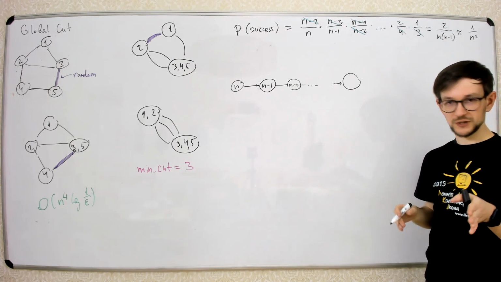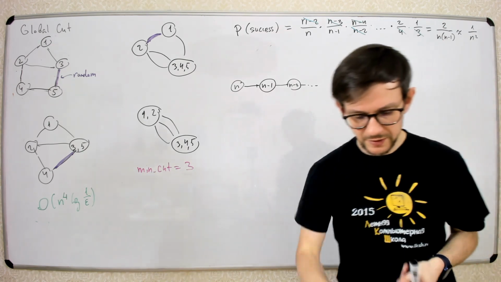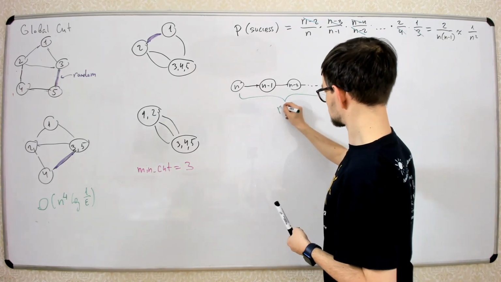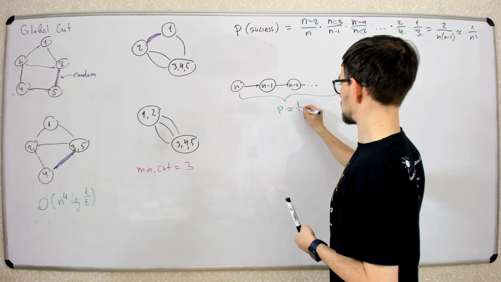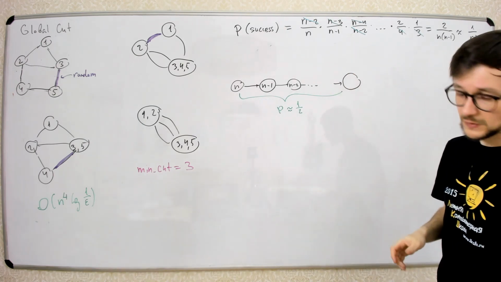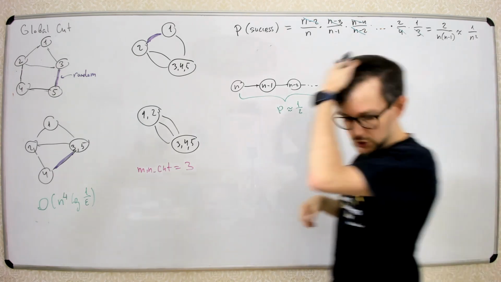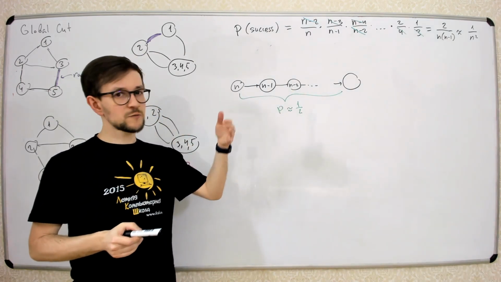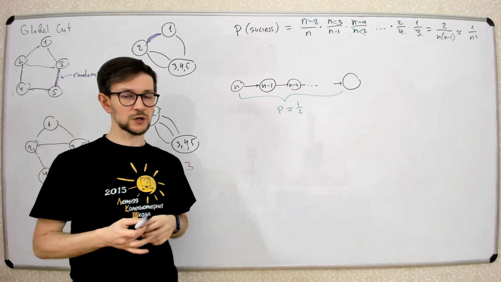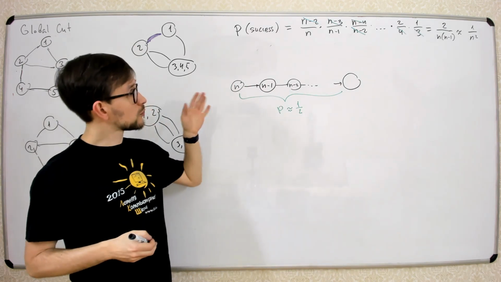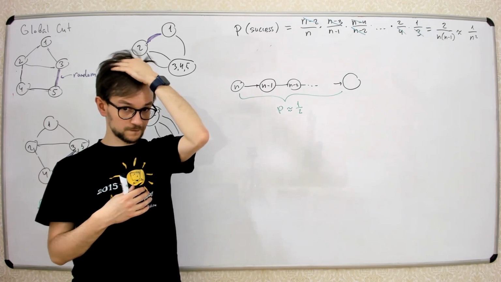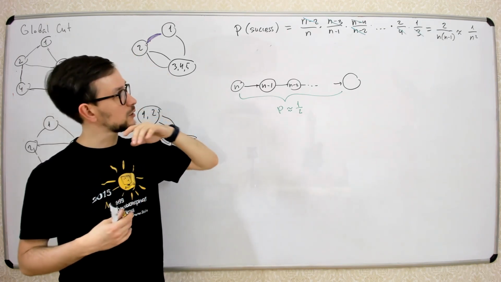Let's stop at some point so that the probability of success will be about 1 over 2. So let's see. How many steps can we do until the probability is about 1/2, about 50%? So I want to have about 50% probability of success. So how many steps can I do?